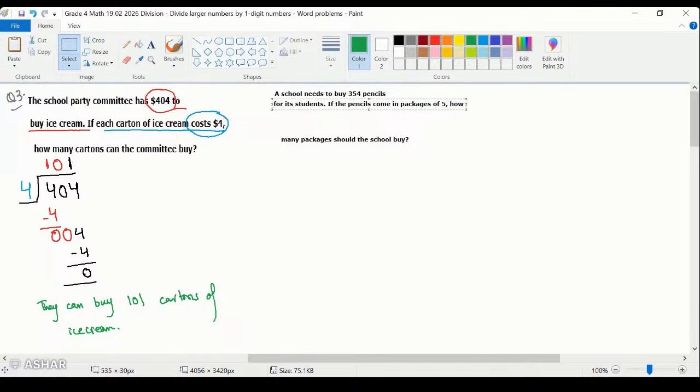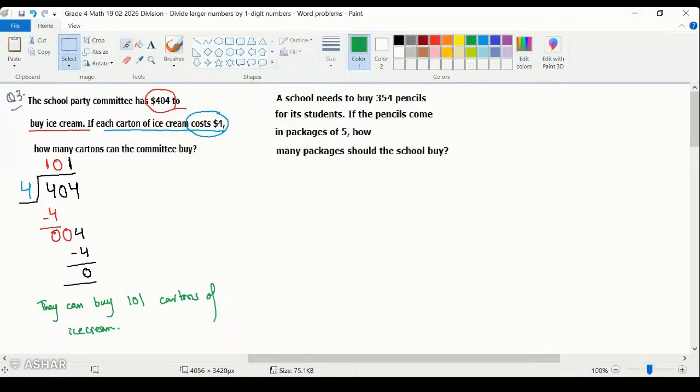If the pencils come in packs of 5, how many packets does the school need to buy? This is our question number 4. They need to buy 354 pencils, and if the pencils are coming in packets of 5, how many packets do they need to buy?